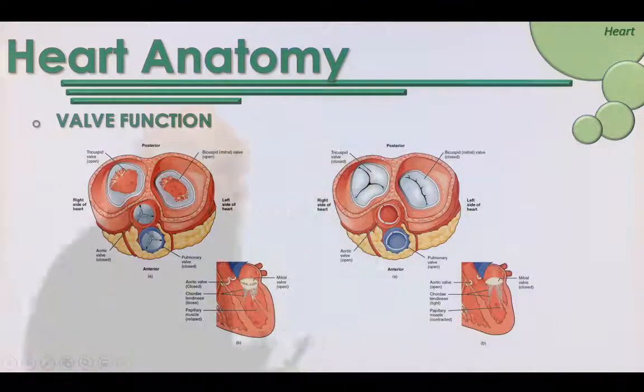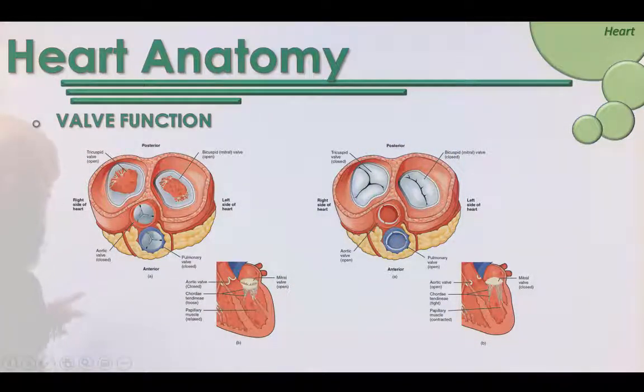One last idea, just since we were talking about valves, the function of valves is to make sure the blood travels in one direction only. And we see valves primarily, well, they're at the heart. The two places we have valves are between the atria and ventricles and between the ventricles and major trunks or major arteries that they eject blood into.